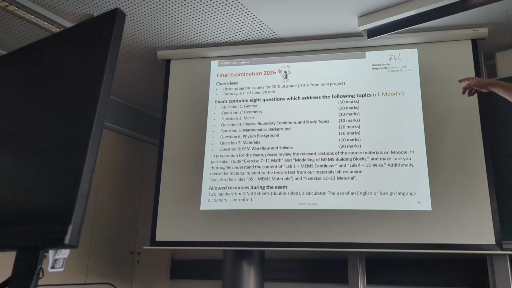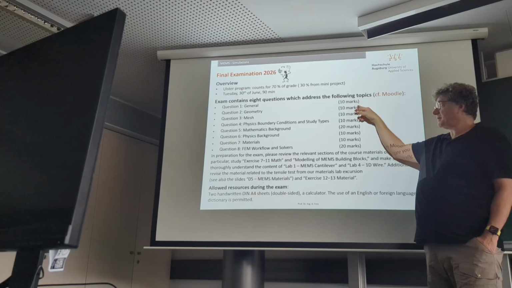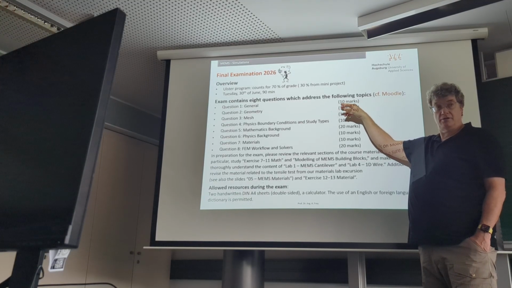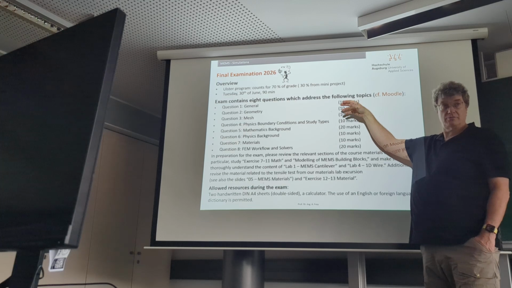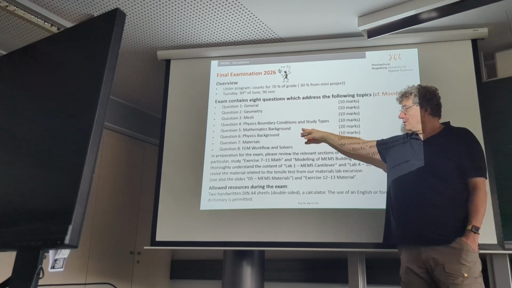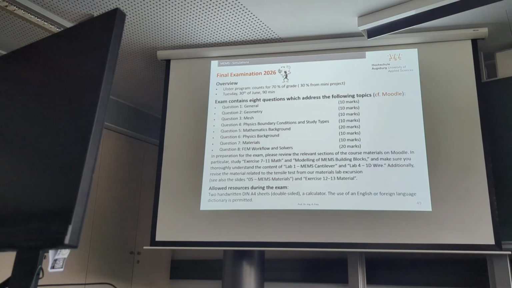Here for the first one, total 10 marks. But these are sub questions. So the 10 you collect by maybe 1 question with 2. And the 20 marks is a bit more, yes, more sub questions.